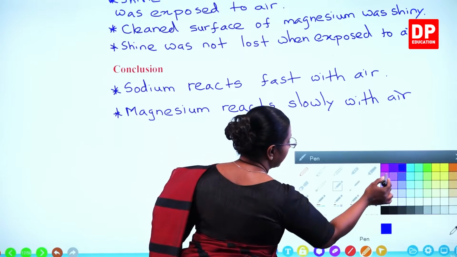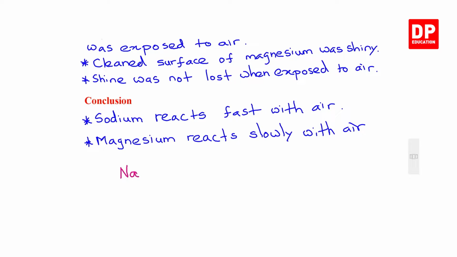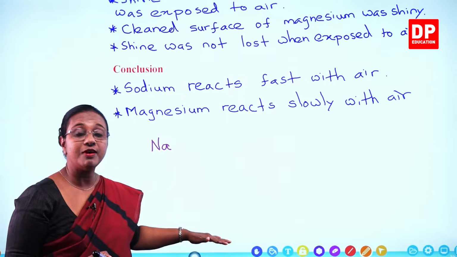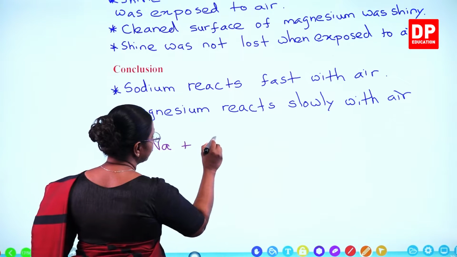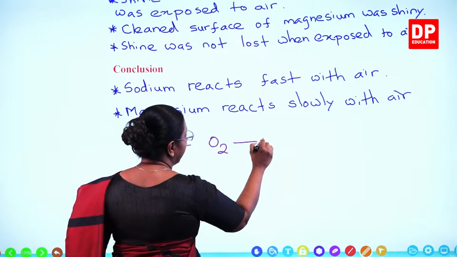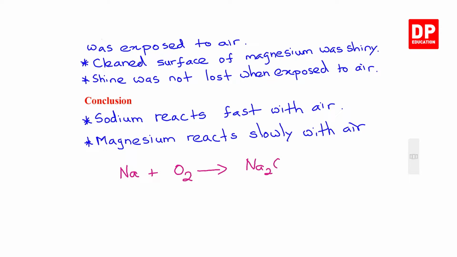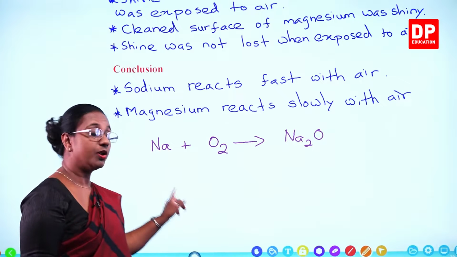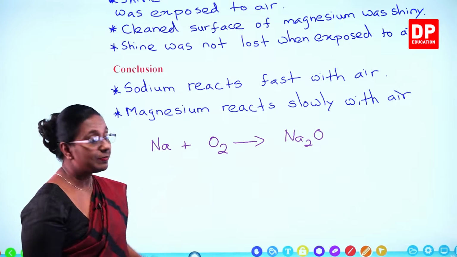So here, if I write the balanced chemical equations, as I told you, this is not part of the conclusion. This is to recall what we have already discussed. Sodium reacts with oxygen in air and forms sodium oxide, Na2O. You all know this is a chemical combination reaction. How do we balance that?